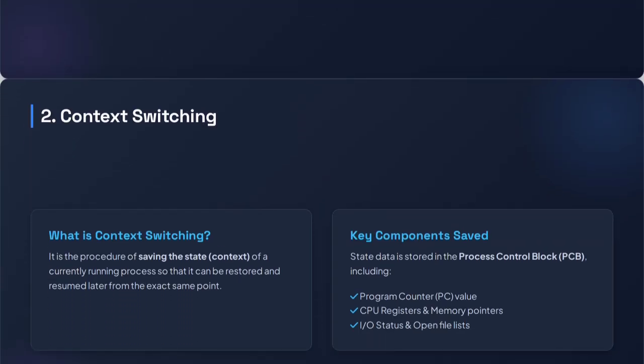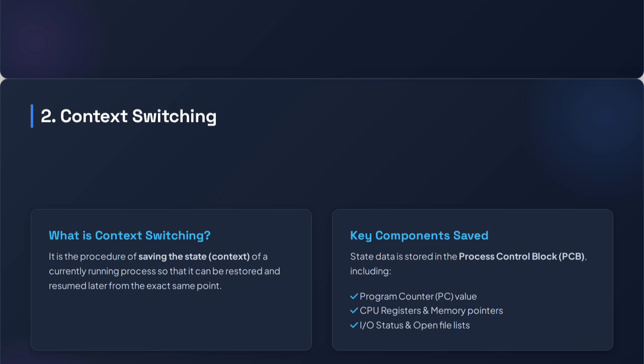Context switching is the mechanism of saving the state of a currently running process or thread so that it can be paused, and restoring another state to resume execution later. This is how it works.